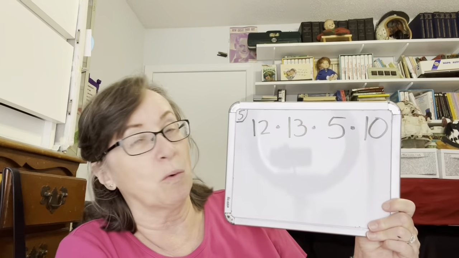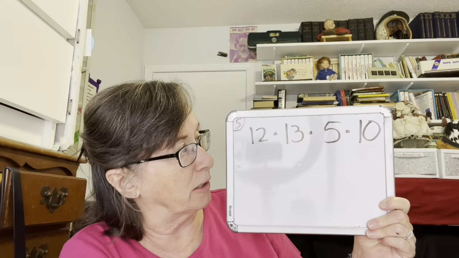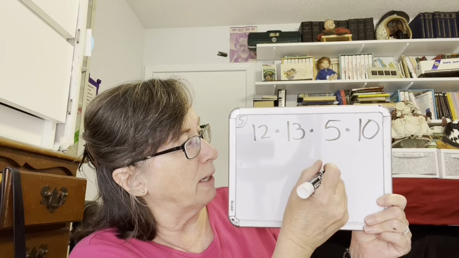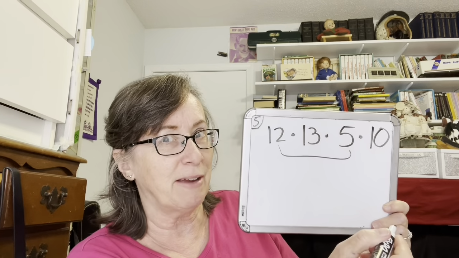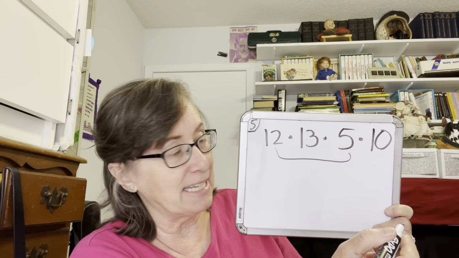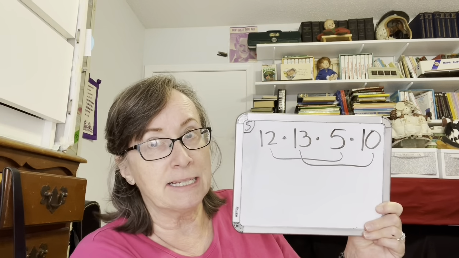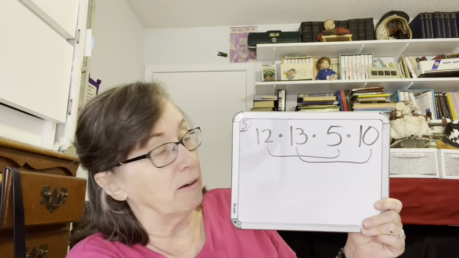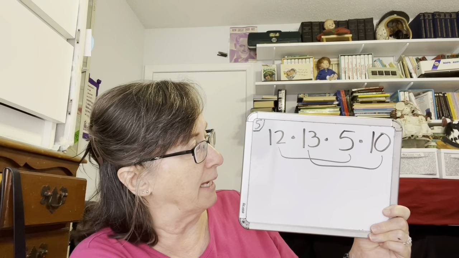Now, I wouldn't want to have to multiply 12 times 13 because it would be longer, more tedious. What I want to do is move it to where I have the 12 and the 5 together, because 12 times 5 is 60, and that's easy for me. I'm going to move the 13 and the 10 together to get 130, because dealing with those zeros on the end is very easy.